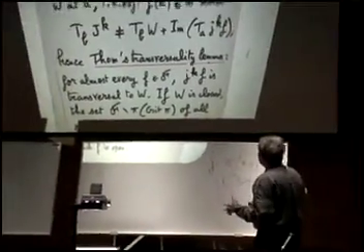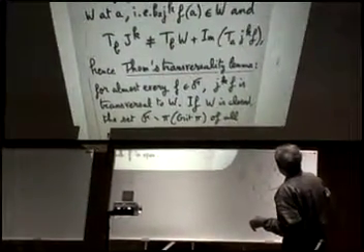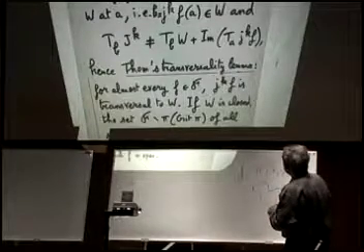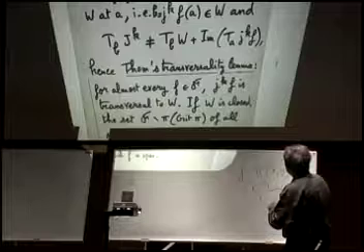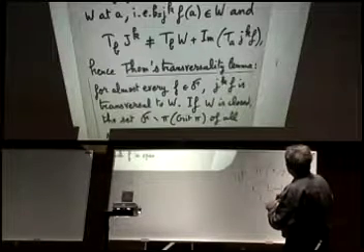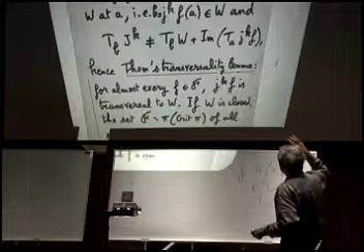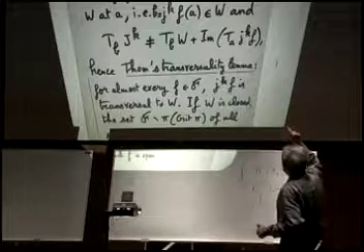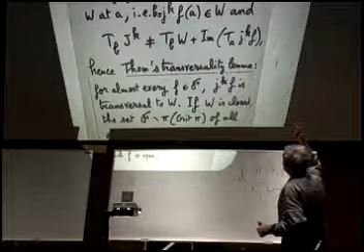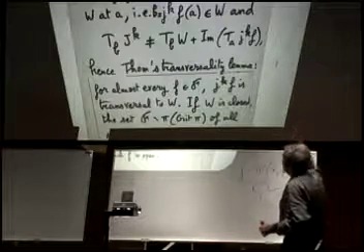And now you have a theorem, which is due to Sard, which says that if you consider the critical values of pi, the set of critical values of pi is negligible.